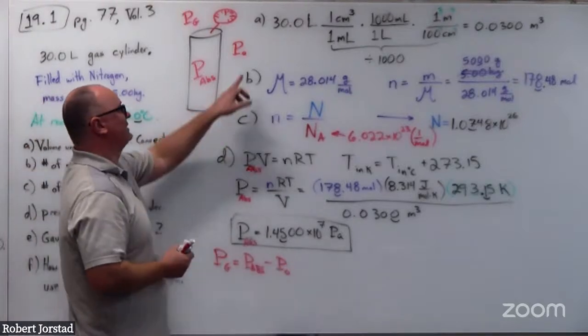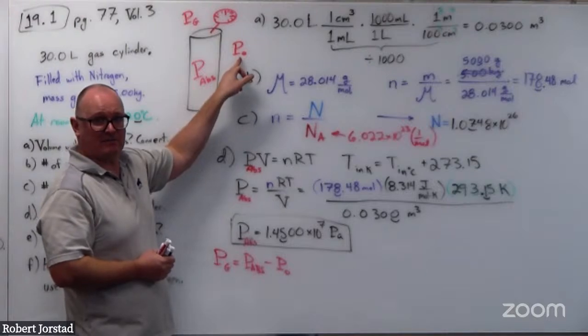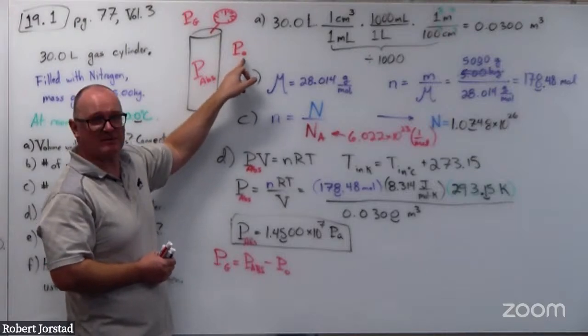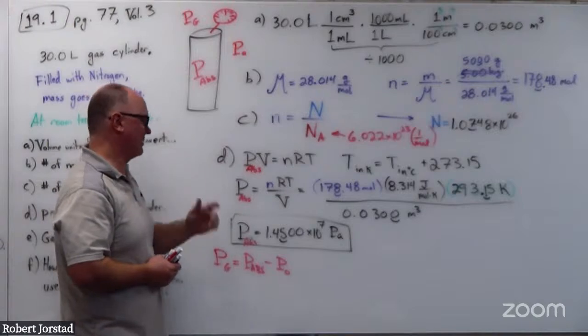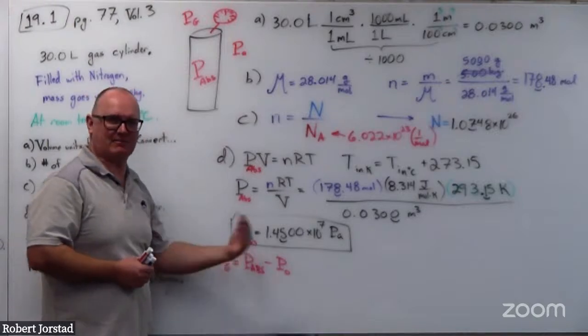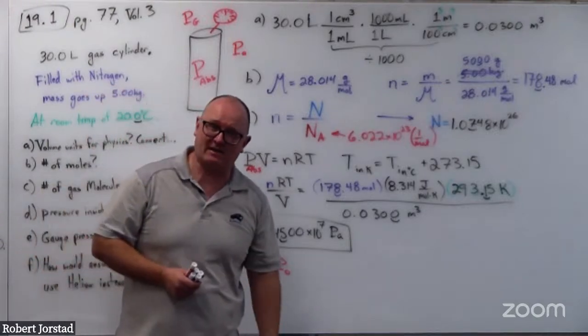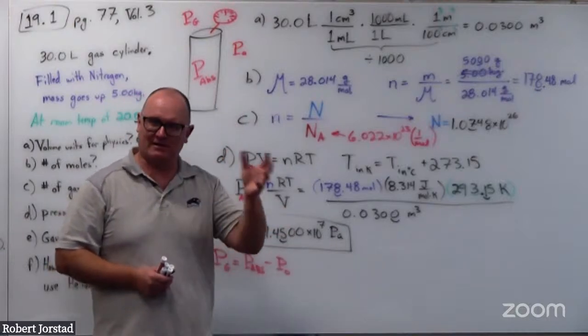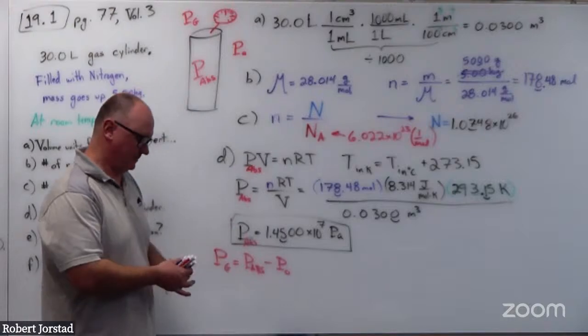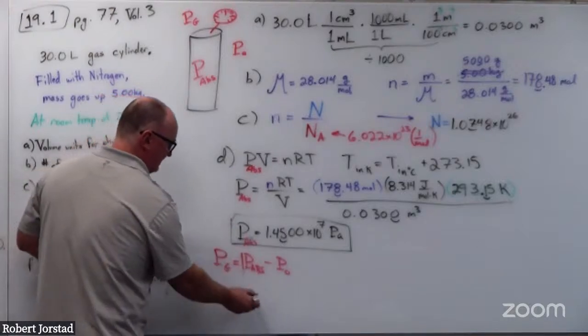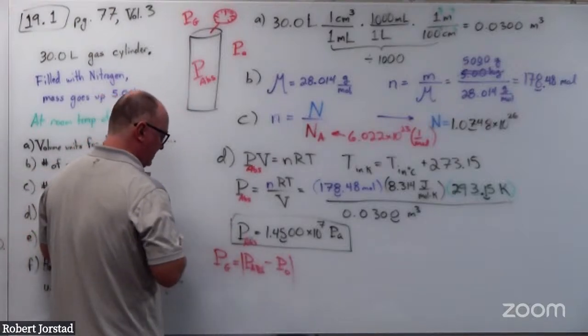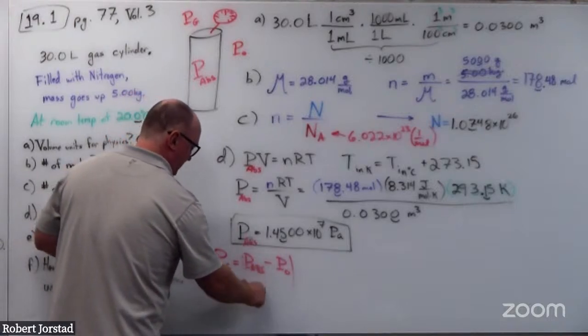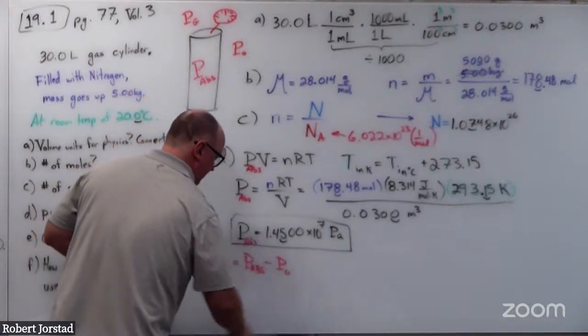Now, obviously, you can use some pressure other than atmospheric, but in this problem, we were told it's standard atmospheric outside. So in general, just think of a gauge as a pressure difference, and that works the same as a vacuum, right? You could have the difference between atmospheric and the pressure inside a vacuum chamber. So in theory, you could slap an absolute value on here if you wanted to, but the other thing to do is just know which pressure is bigger and always write the subtraction that way.